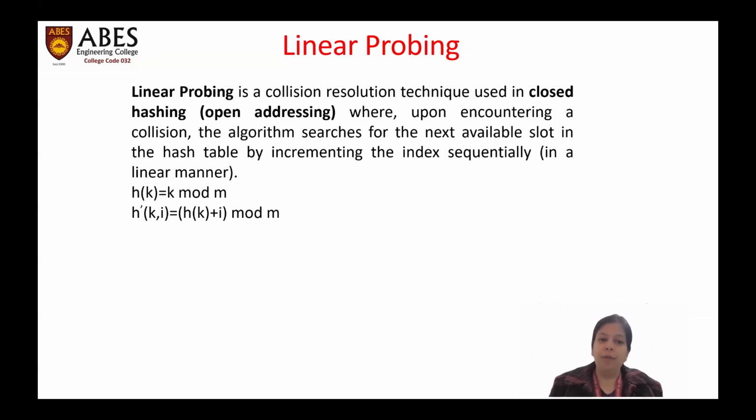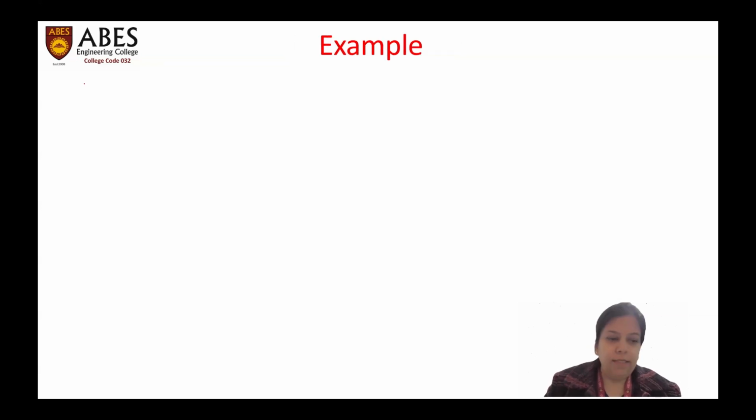So this can also be understood with the help of an example. Let us take some key values. Suppose the key values are 43, 135, 72, 23, 99, 19, and 82.